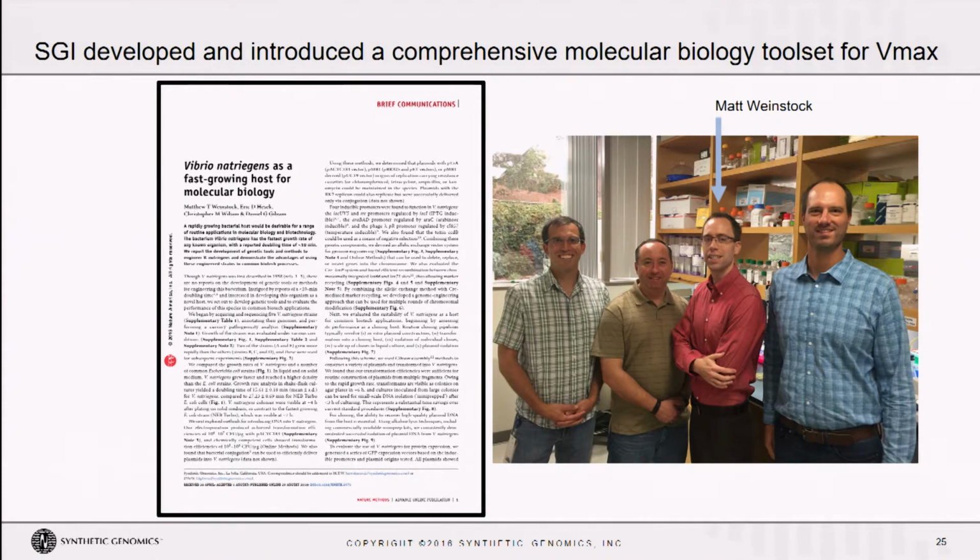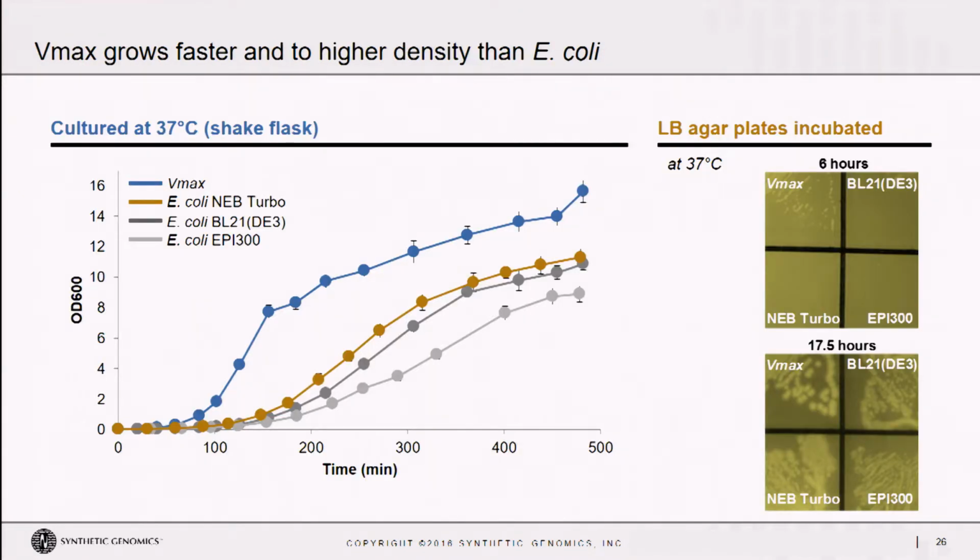So over the past 3 to 4 years, we've been developing a very comprehensive molecular biology tool set for Vmax for molecular cloning and protein expression applications, and this work is being led by Matt Weinstock, shown here in the red shirt.